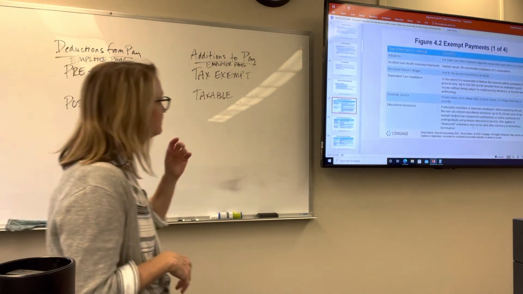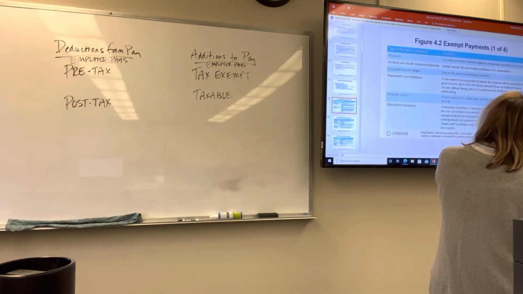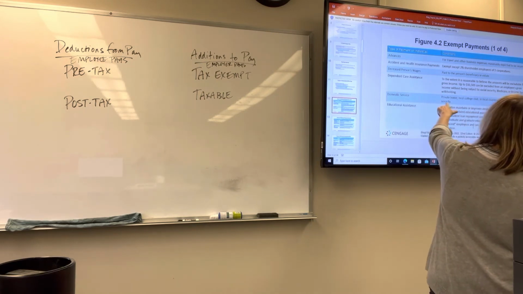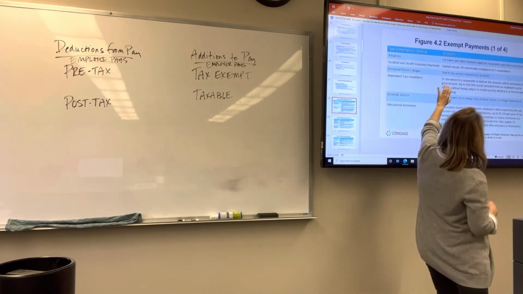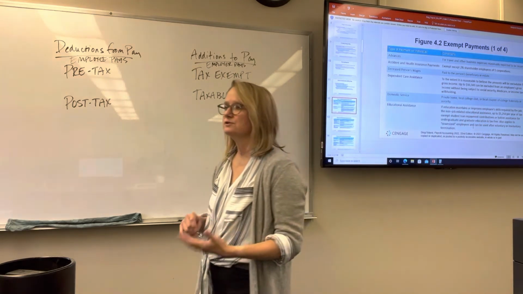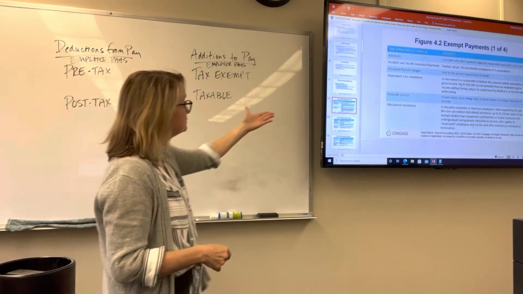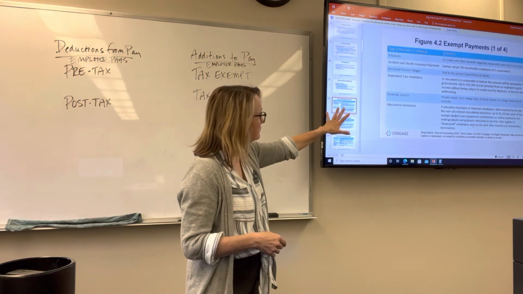So these next few pages, I'm just going to zoom through here, see if there's anything that I really want to talk about. I already talked about the educational assistance, dependent care assistance. Employers can offer dependent care assistance where the employer helps to pay for that dependent care.